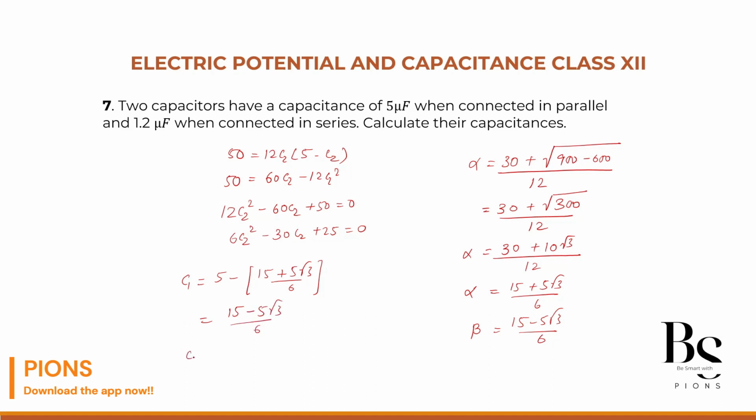This is the first value of C1. When you put beta, the C1 value will be 5 minus 15 minus 5 root 3 upon 6, that will give us 15 plus 5 root 3 upon 6. So these are the two possible values of C1 and C2 for this combination to take place.